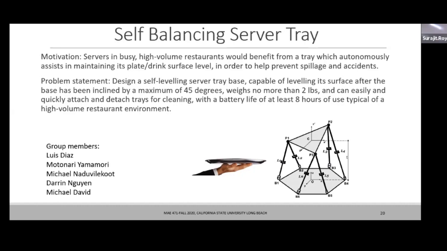As I said, you don't need to worry about the problem statement at this point, because we will come across it after we shortlist a specific idea. So just the motivation and the need, a motivating picture, a title and the group members. That's the first slide for your one project idea that you need to prepare.